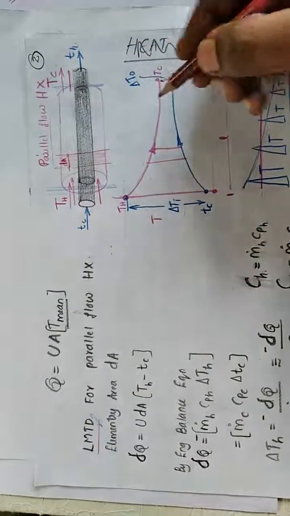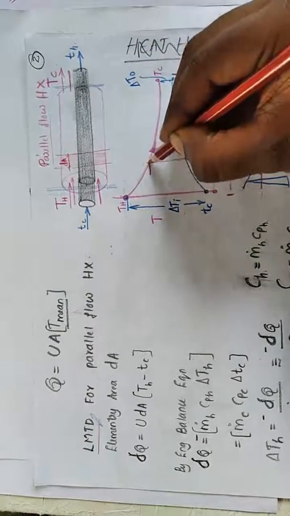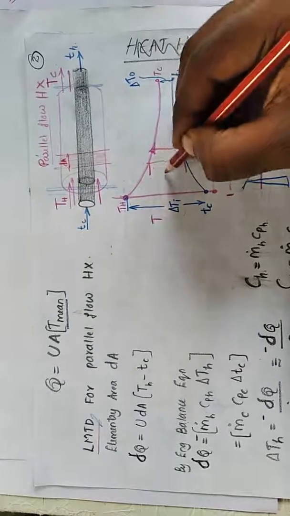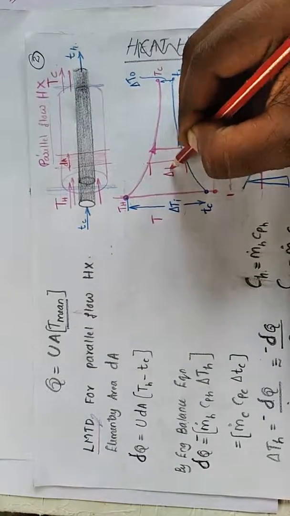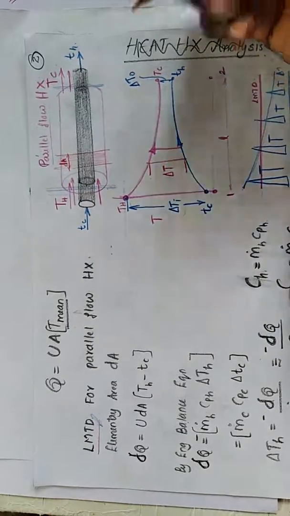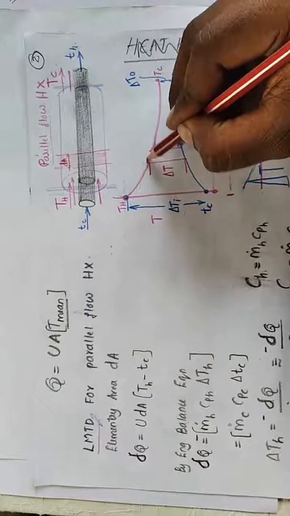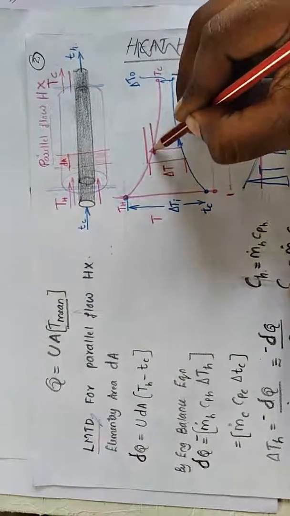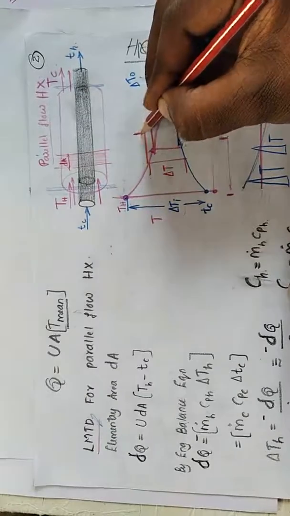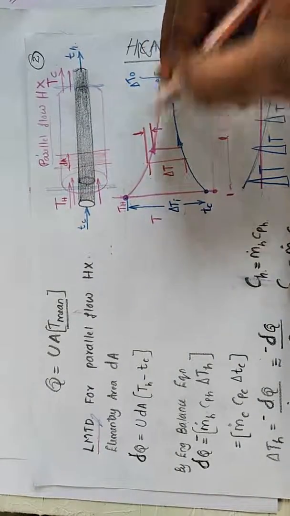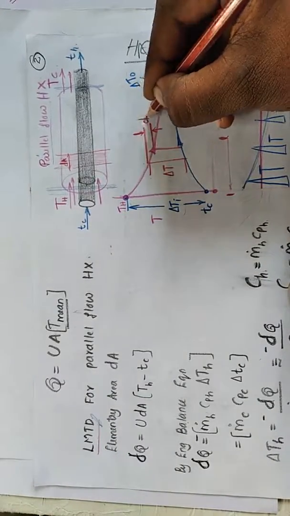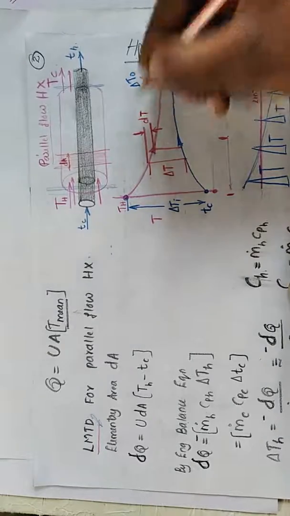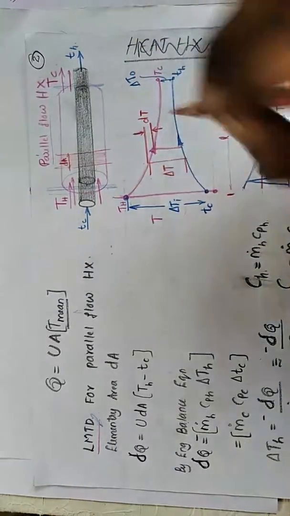Now this is the delta T for a particular area. In the case of the hot fluid, this is the temperature difference in this particular area, this is a capital dT.